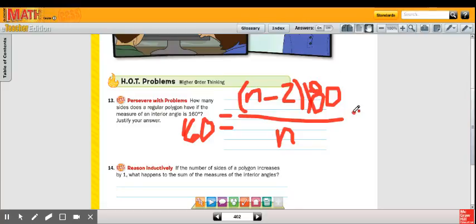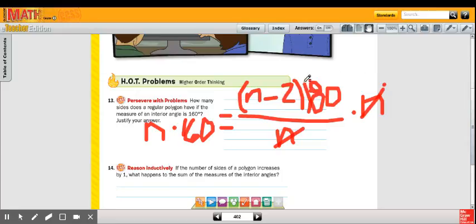First thing I'm going to do is multiply by n here and multiply by n here. So I think that gives me, oh wait, so then this cancels and this cancels. There we go.